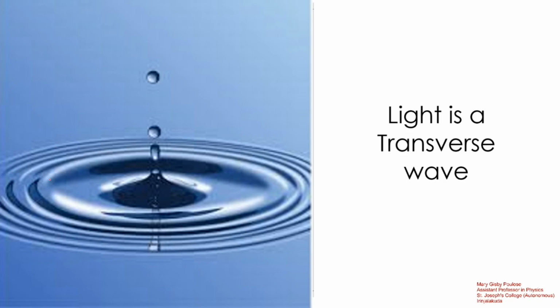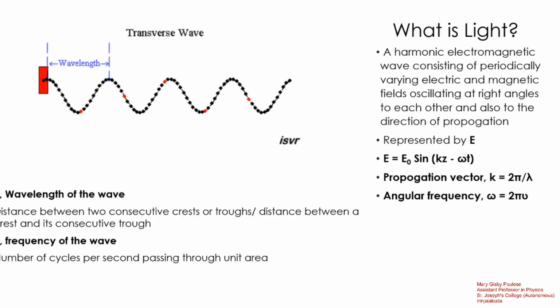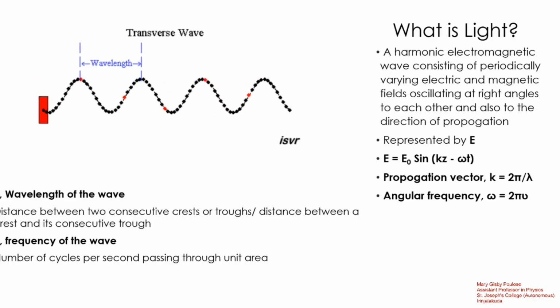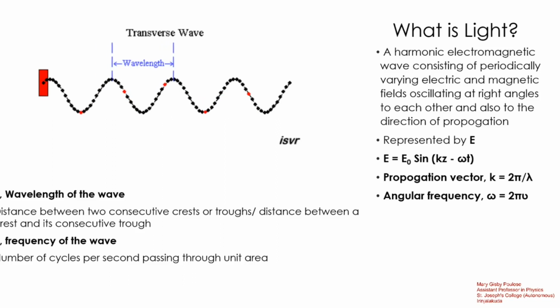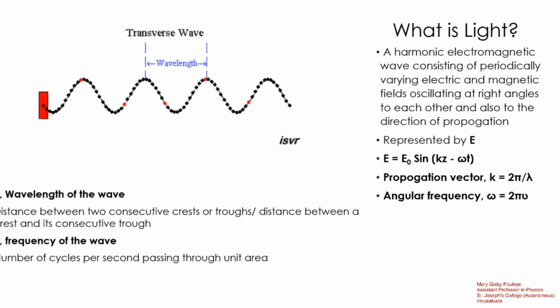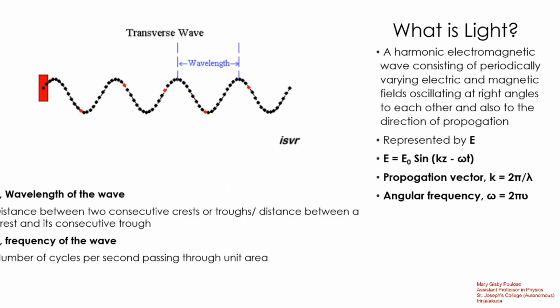The regions that bulge out are called the crests, and the regions that bulge in are called the troughs. So essentially, light is a transverse wave and it propagates through the medium as shown here in this animated video.